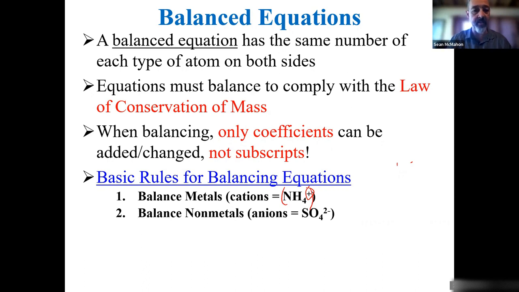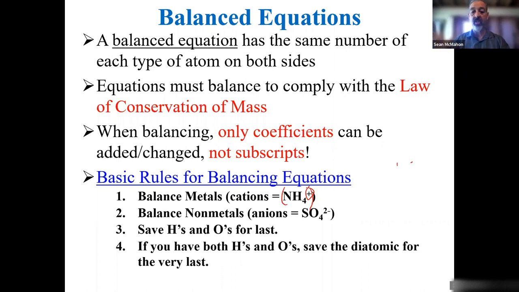It's easier to balance. Third, I'm going to save hydrogens and oxygens for the very last of the nonmetals. So first metals, then nonmetals, but I save hydrogen and oxygen last because they're the most common. Whatever is a diatomic on one of the sides, I save for the very, very last.